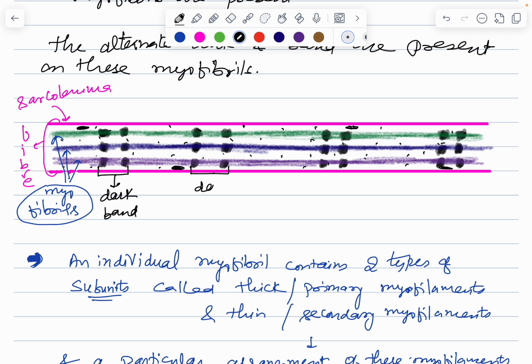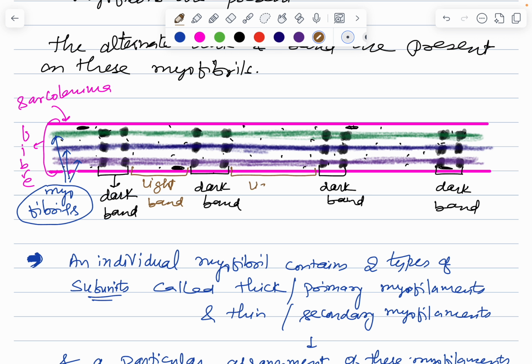That's another dark band, another dark band, another dark band of the myofibril, and this much area from here till here is the light band of the myofibril, light band, light band.